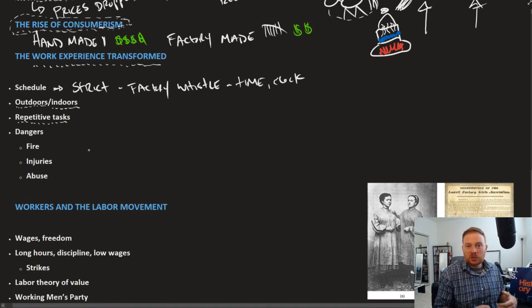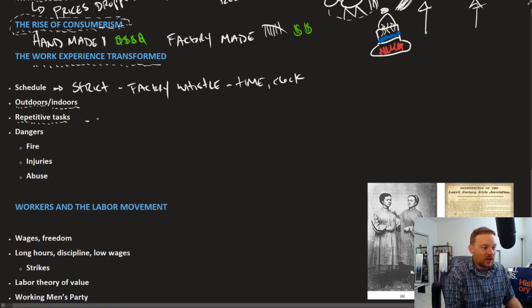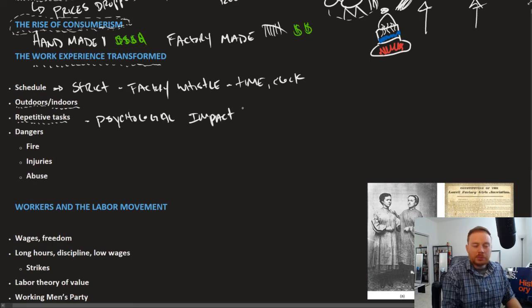You might just push a button or pull a lever over and over and over again. And that's very repetitive and has a certain psychological impact. Before you could be proud of your work. You're invested in it. Now that's gone, and it has a huge psychological impact on the population.